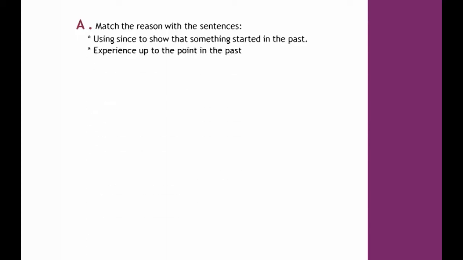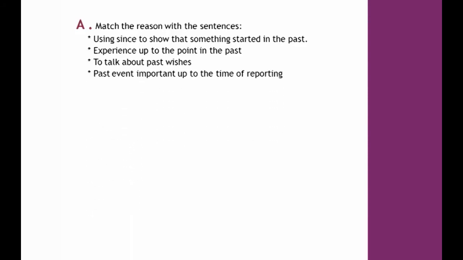Now let's go to your learning. So, we have the first set. A, match the reason with the sentences. Using since to show that something started in the past. Experience up to the point in the past. To talk about past wishes. Past event, important up to the time of reporting.